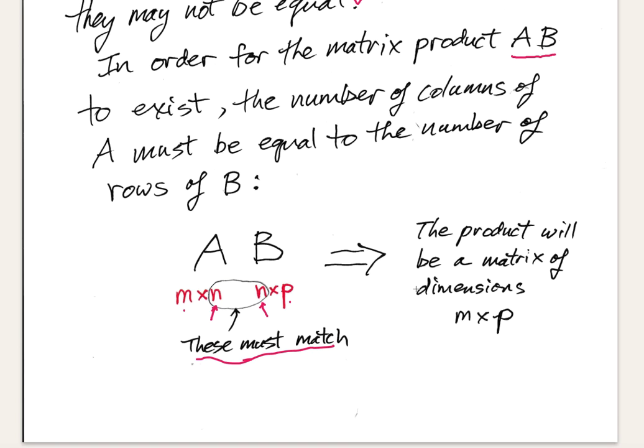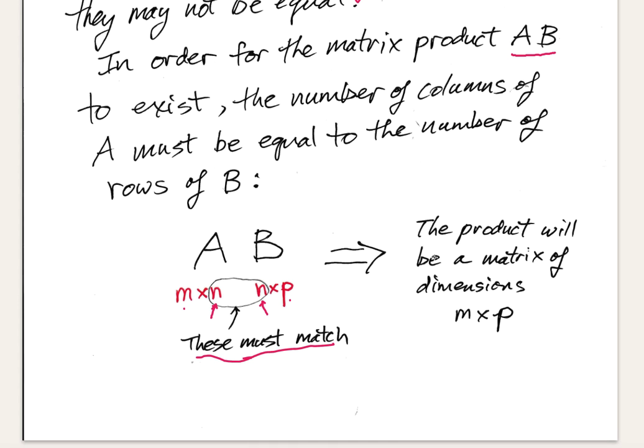Another little thing I'm going to throw in here: when the necessary and sufficient conditions are satisfied for the product A times B to exist, the dimensions of your product, of the answer, in other words, is going to be m by p. So it's going to be the outer dimensions here: the number of rows in A by the number of columns in B. Those are going to be the outer numbers here.